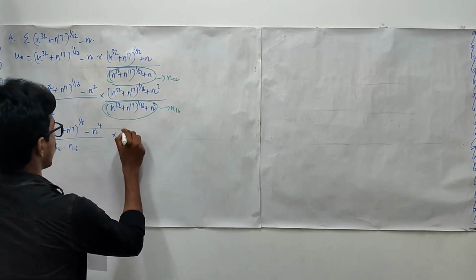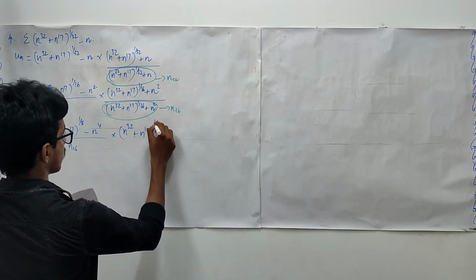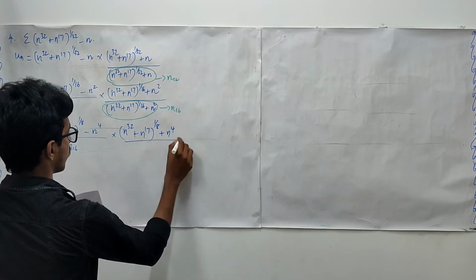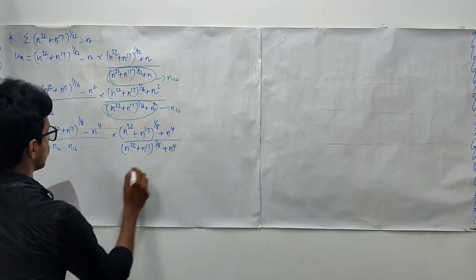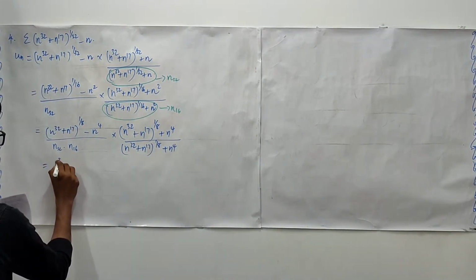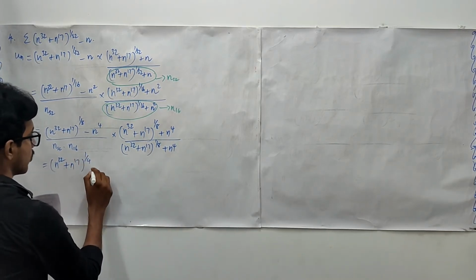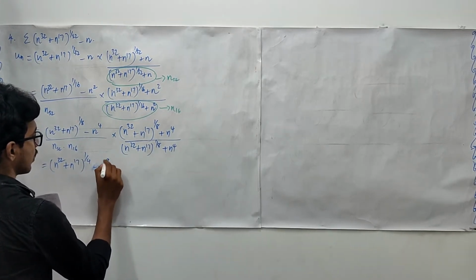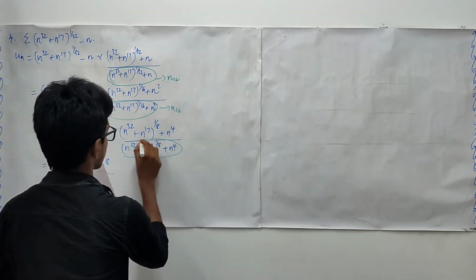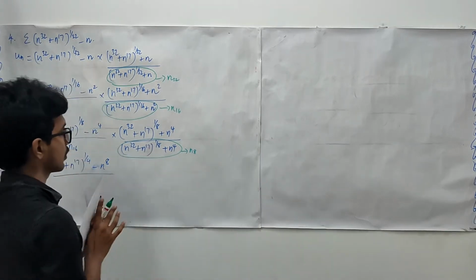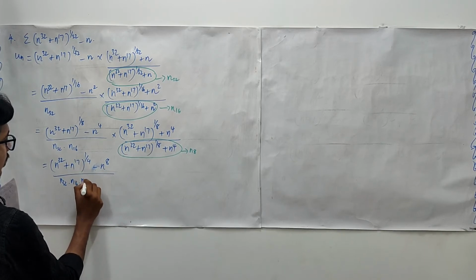Again we are going to do the same: to the power 1 by 8 plus n to the power 4, and in the numerator we are going to get n to the power 32 plus n to the power 17, to the power 1 upon 4, minus n to the power 8, upon n32, n16, and let us denote this quantity by n8.